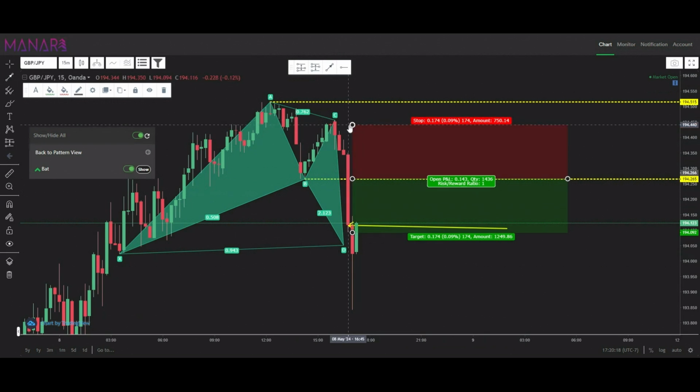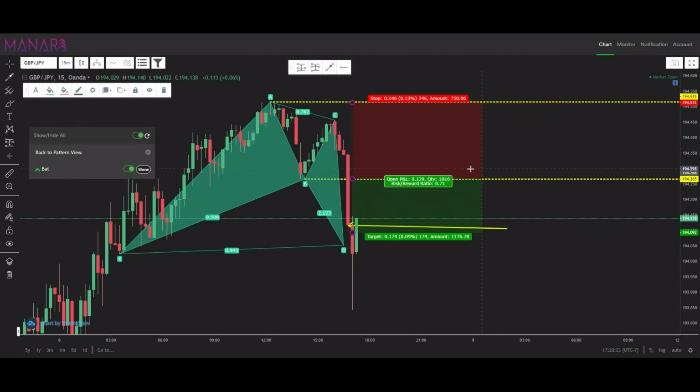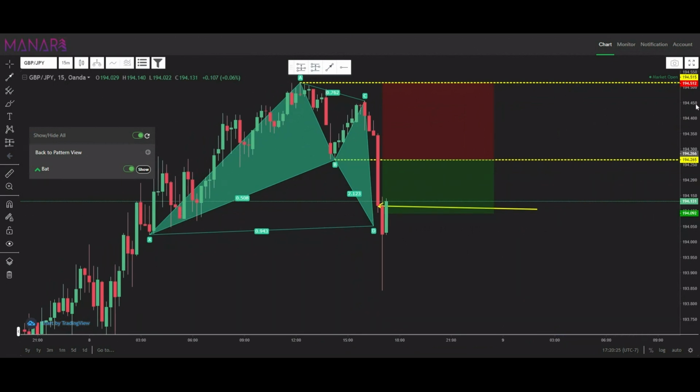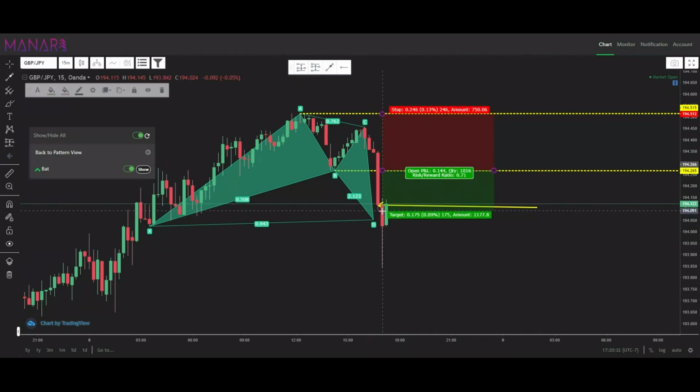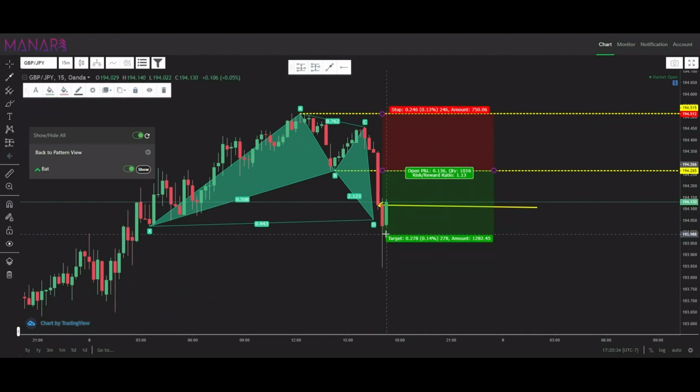Okay, it's a pending order, not a market order. But again, I show you the basics. So once you understand the concept, if you want to do market entries, then it's up to you. The important thing is you understand the concept.